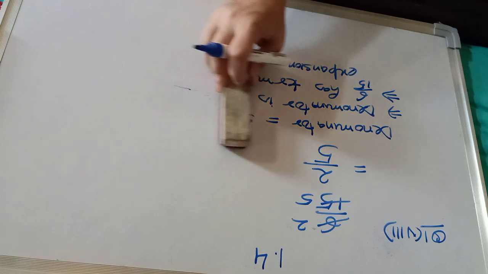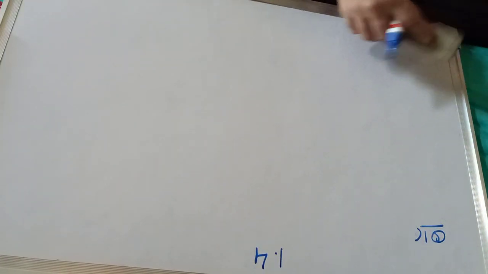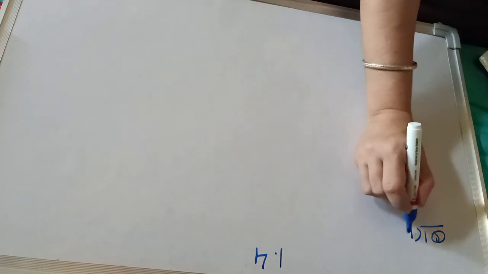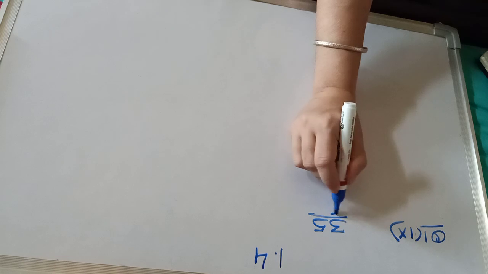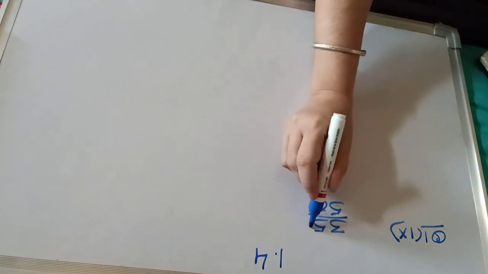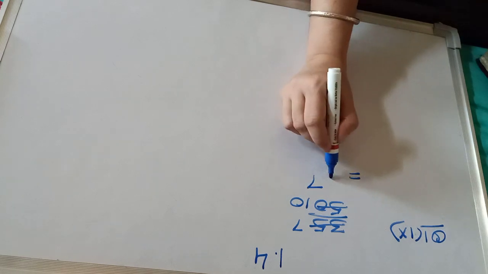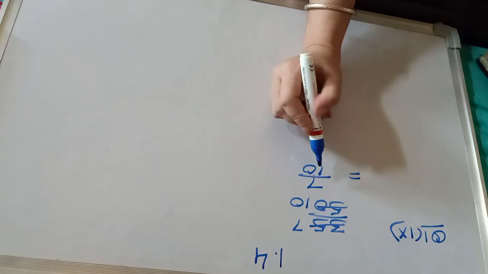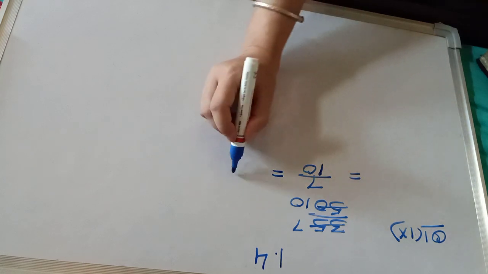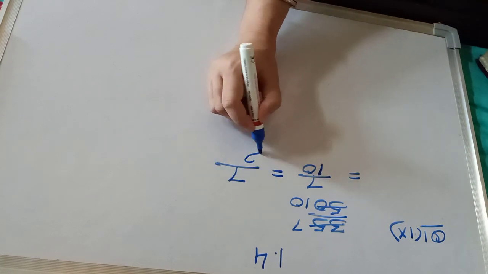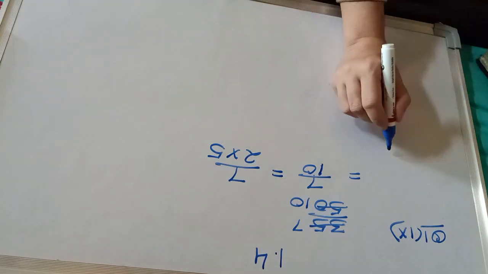Now come for your ninth part. Your ninth one is 35 upon 50. 5 7s are 35 and 5 10s are 50. It is 7 by 10. You can directly convert even it into decimal. But we have to check it without direct calculation. So I can write 10 as 2 into 5.